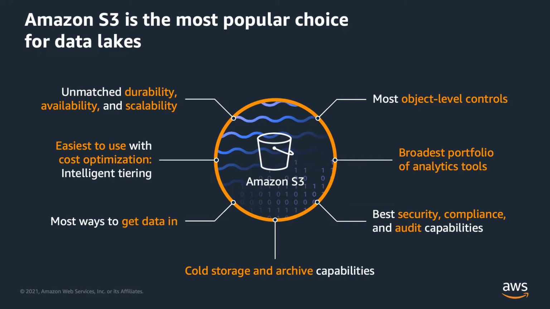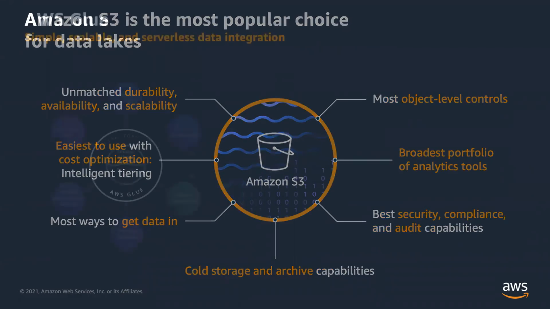Among some of the unique capabilities of S3 are storing the customer data in independent data centers across 3 availability zones within a single AWS region, and automatically replicating data between any regions regardless of the storage class, right? And also built-in capabilities to do lifecycle management of the data. There's a lot that's available on S3, which makes it the most popular choice for data lakes.